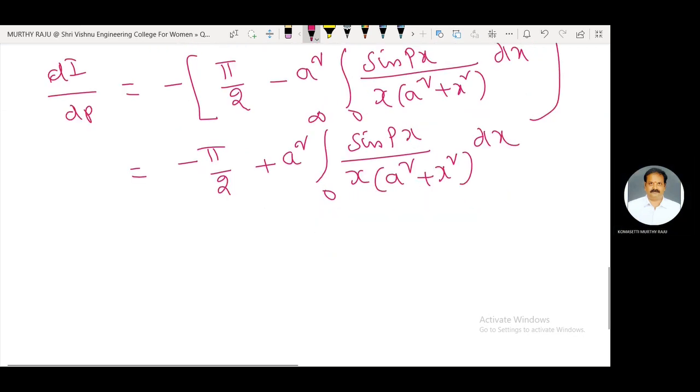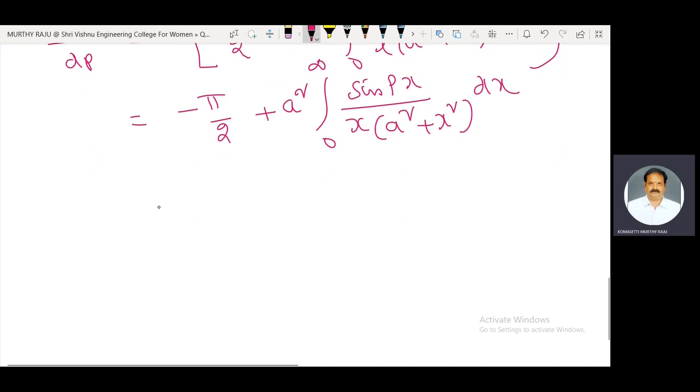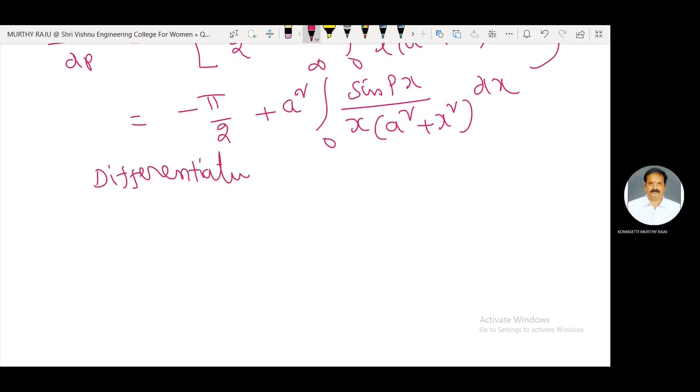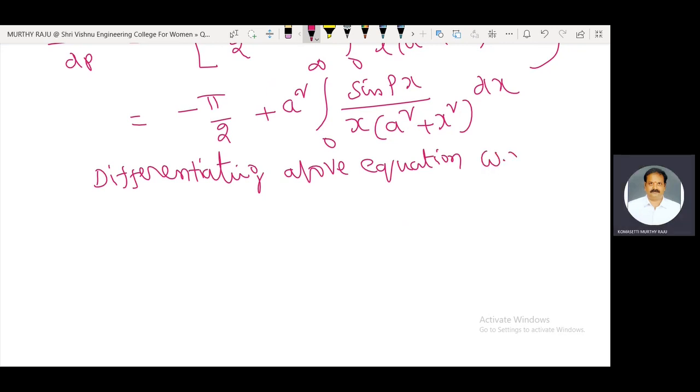Again, differentiating the above equation with respect to p, the second differentiation, that is d square I by dp square.